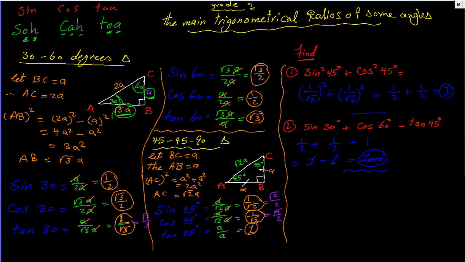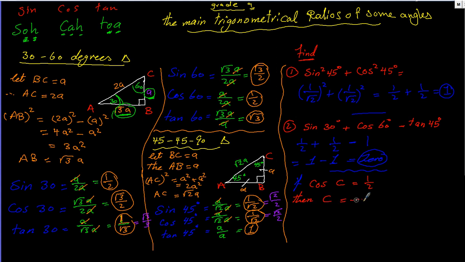Okay, what if he tells me that cosine C equals 1 over 2, then C equals dots.